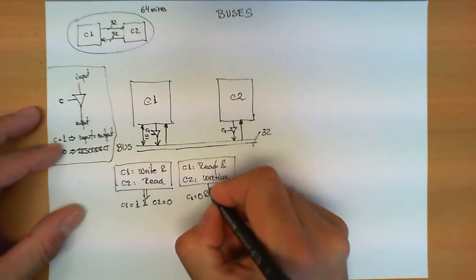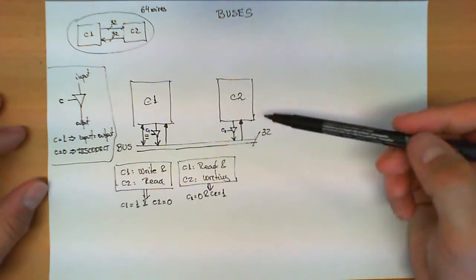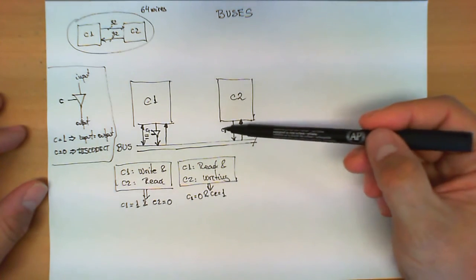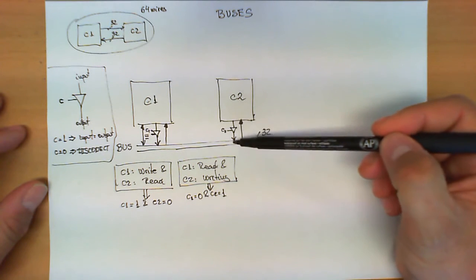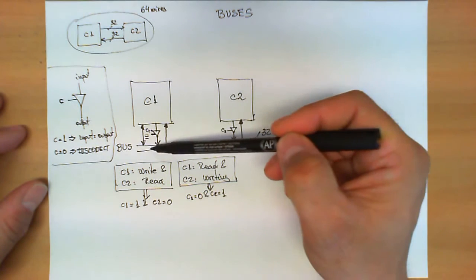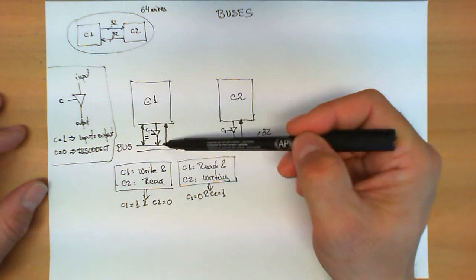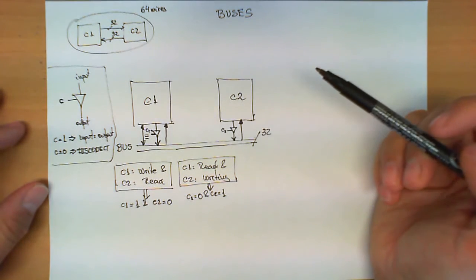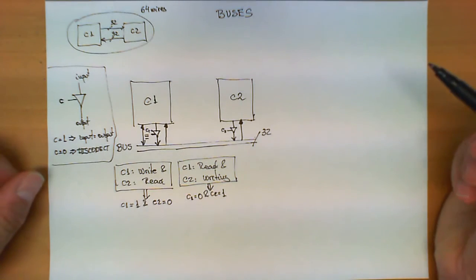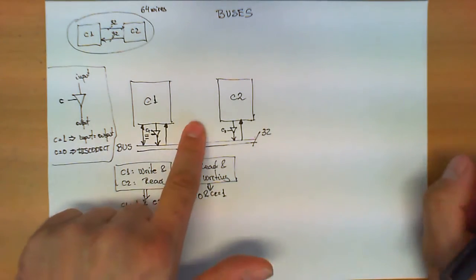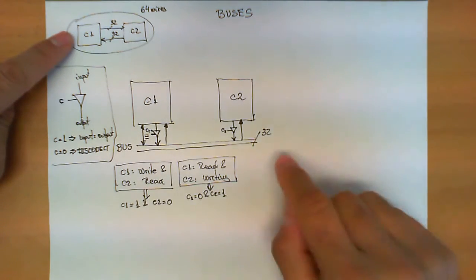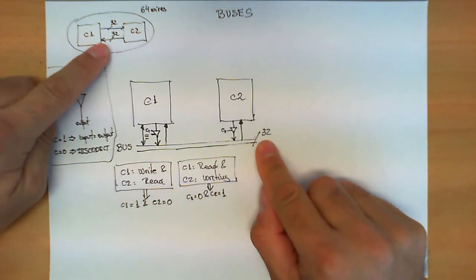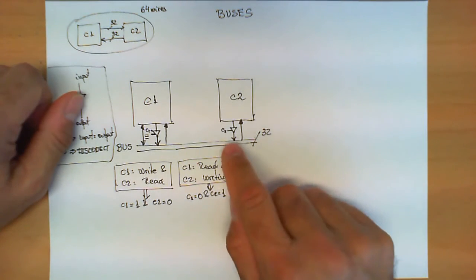In this case, C2 is turning on this signal and therefore the signal from here is being written in the bus, and C1 is reading this signal. It needs no special condition for that. So, as we can see, the advantage of this scheme over the previous one is that by using only 32 wires rather than 64, now we can manage to implement bidirectional communication between these two circuits.